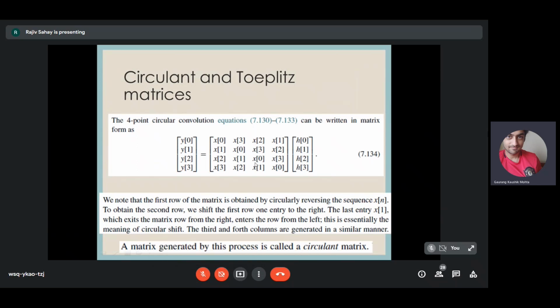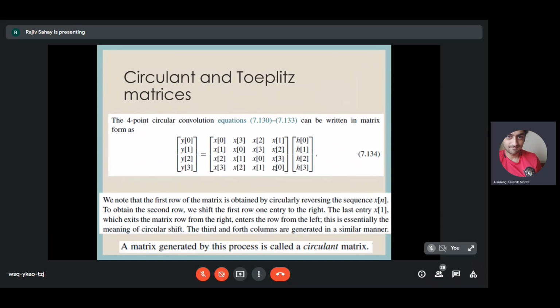Such a matrix is called a Toeplitz matrix. If you do a linear convolution also, you will get a Toeplitz matrix. I don't know if this was taught in your signals and networks course, but linear convolution, because it is linear in nature, can be written as a matrix vector product.